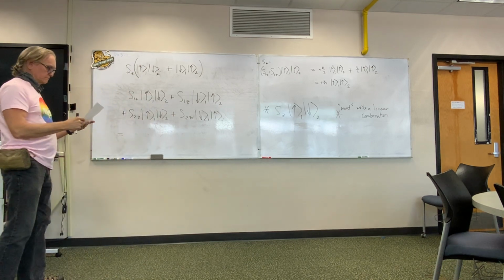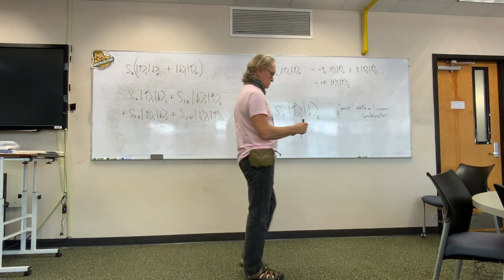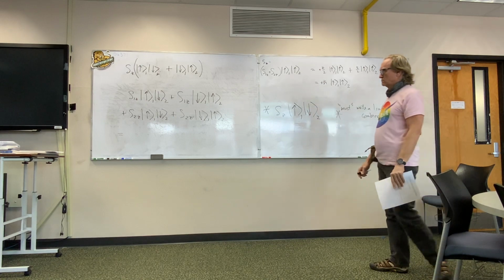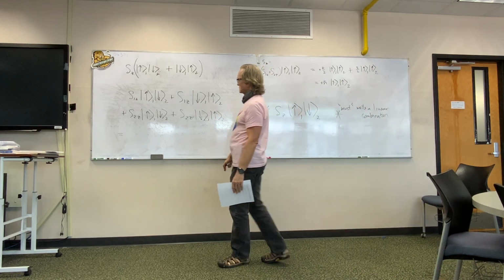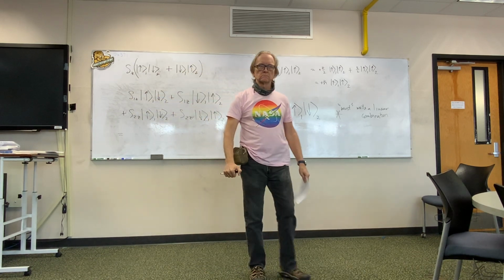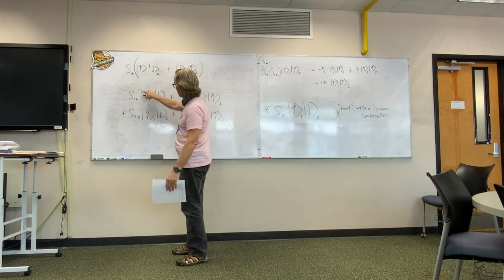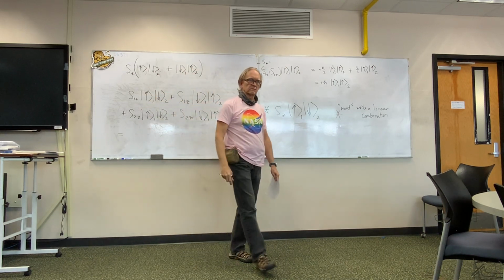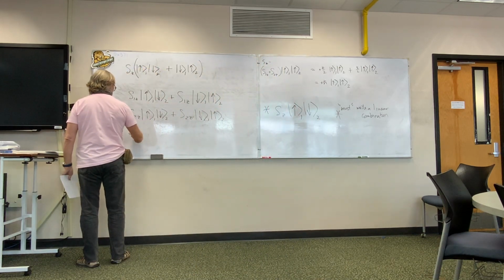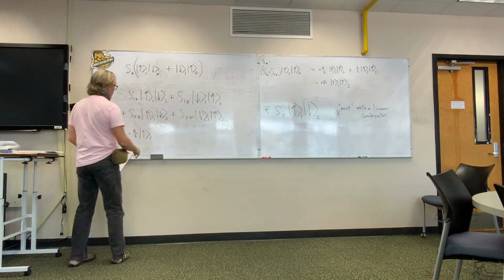Tell me what to write down. What do I get from this first one? S1Z acting on this combined two particle ket. And h bar over 2. I get a plus h bar over 2 onto 1 up, right?